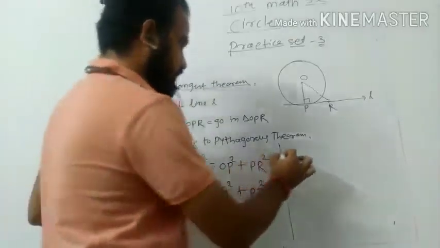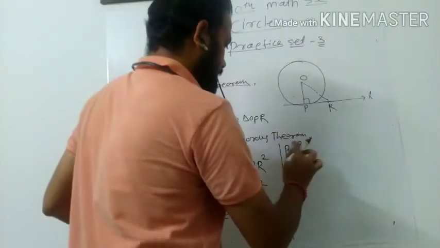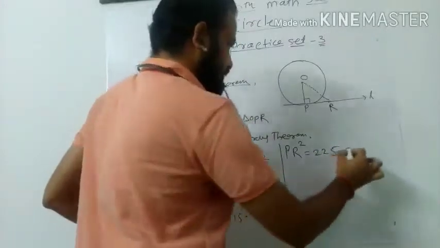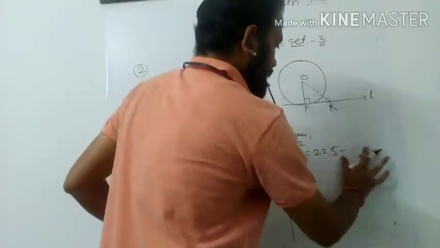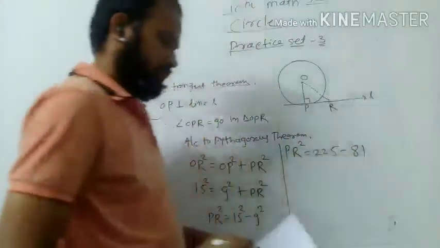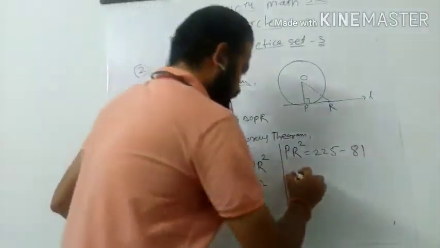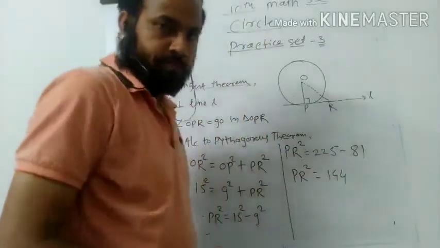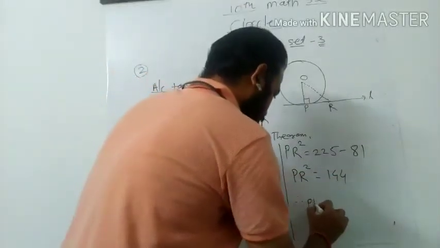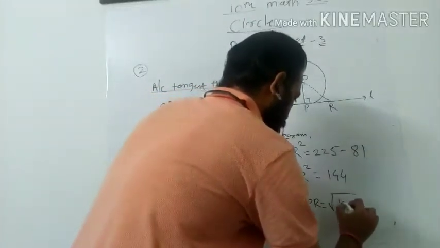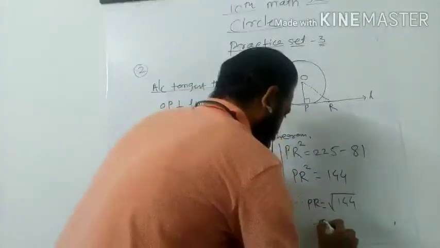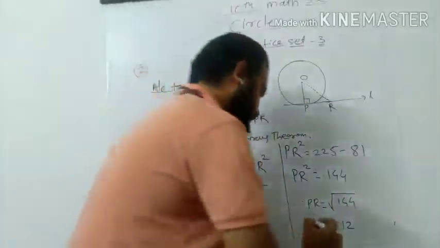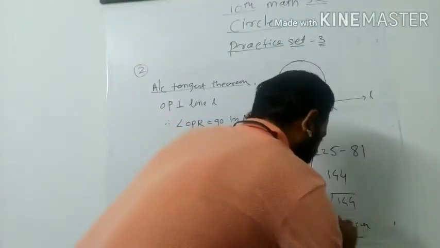The square of 15 is 225 and 9 square is 81, isn't it? If I subtract, I get PR square as 144. Taking the square root, PR is root of 144, and the square root of 144 is 12. So I can write PR as 12 centimeter.